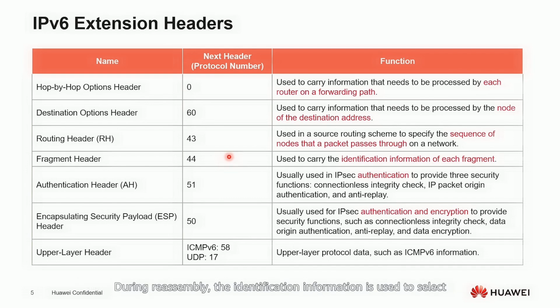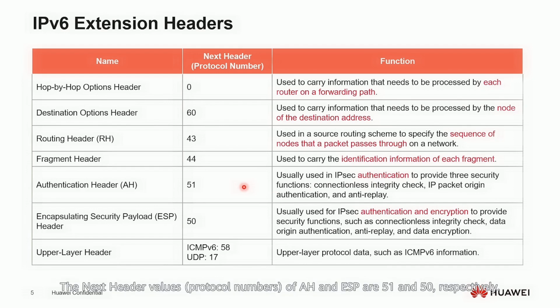During reassembly, the identification information is used to select all fragments of the same original packet and their sequence. The next header value is 44. AH and ESP are used for IP authentication and encryption, but AH supports early authentication.